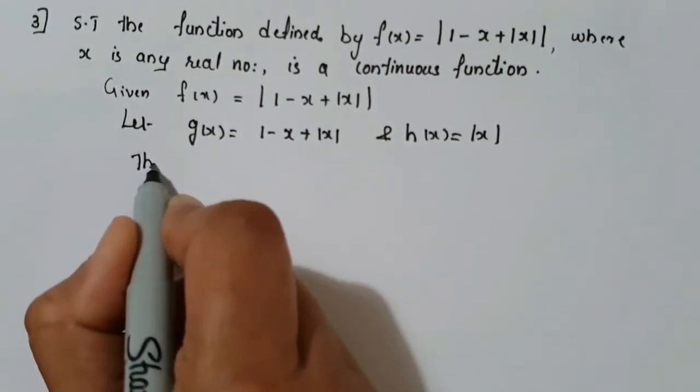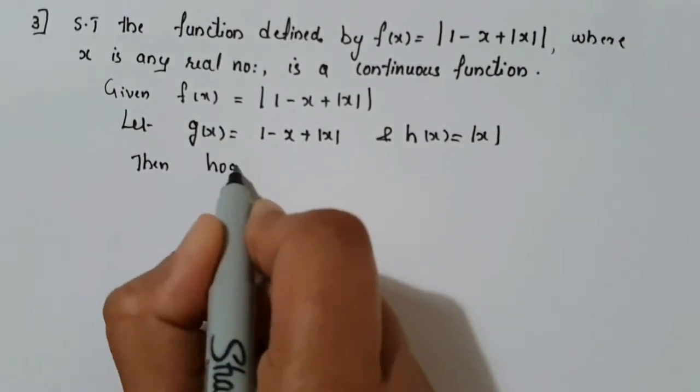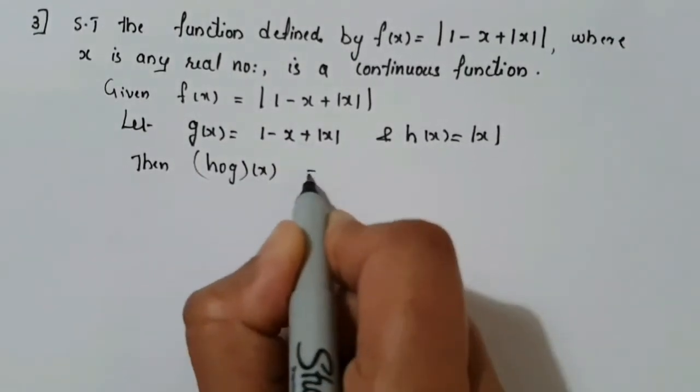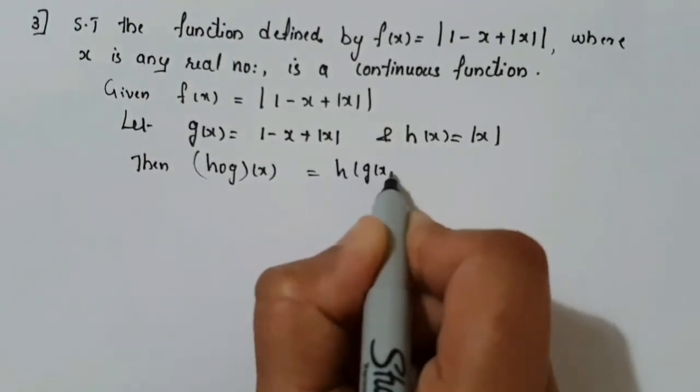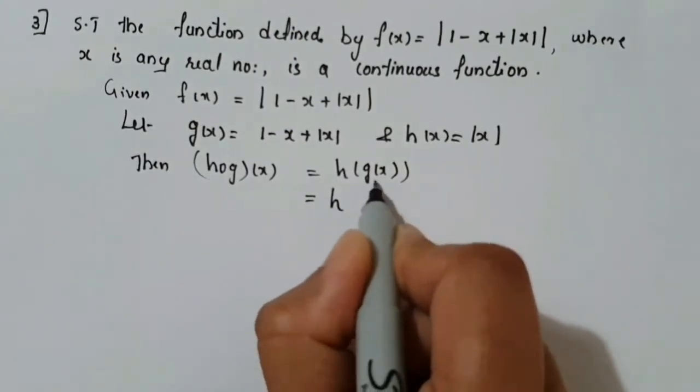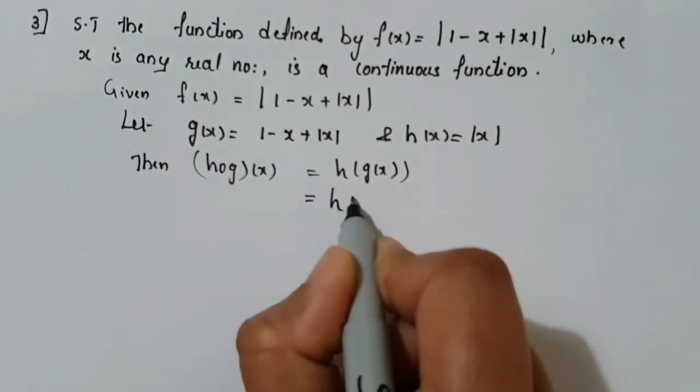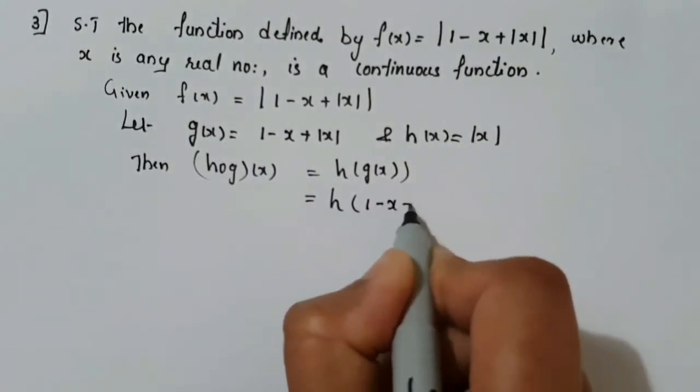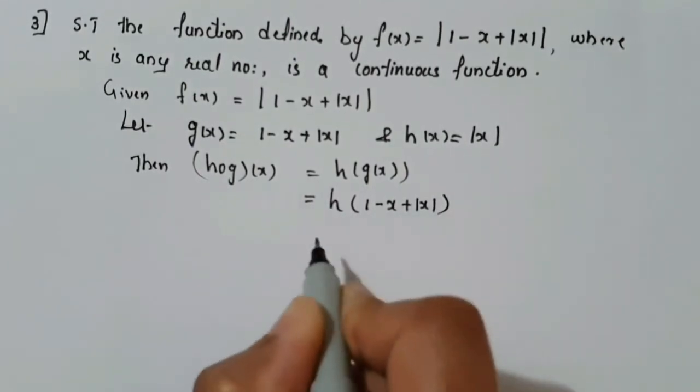Then h of g of x is equal to h of, now what is g of x here? This is 1 minus x plus modulus x.